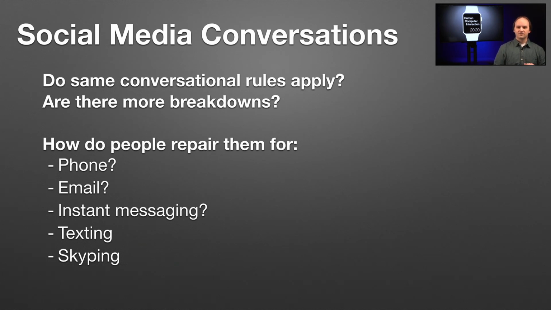If you're just talking on the phone, then you only have the verbal cues. And if you're talking just using text, well, you might start to use emojis or something like that to supplement the message that you're conveying.